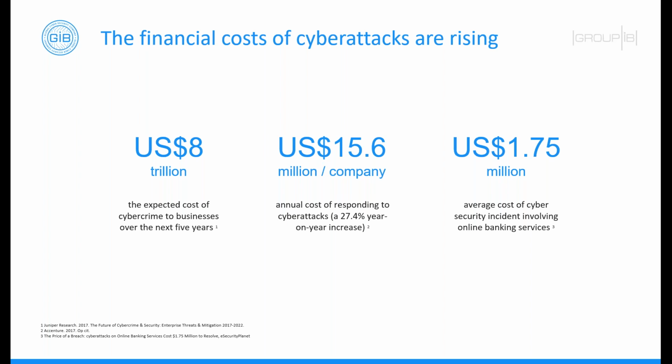The annual cost of responding to cyber attacks will be around $15.6 million per company, which is a 27.4% year-on-year increase. And the average cost of a cybersecurity incident involving online banking services will be around $1.75 million. So as you can see, the cost of cyber attacks is very high.